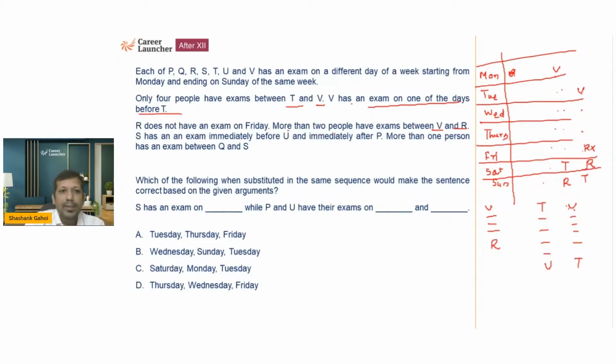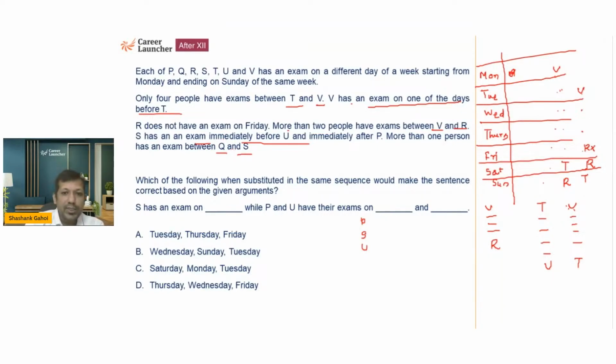Now S has an exam immediately before U, immediately after P. So I'm going to get P, S, and U, 3 consecutive alphabets, in any of the 3 places. And more than one person has exam between Q and S. Now I don't know where S is.